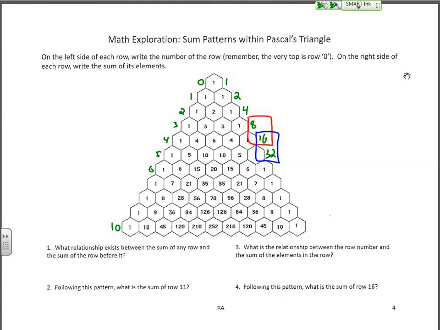Then number 3 says, what is the relationship between the row number and the sum of the elements in that row? This one's a little bit harder, okay? We had 8, 16, 32 here. So now what you're looking for is, what is the relationship between the row number and its sum? And your hint for that one, it's a powerful hint.